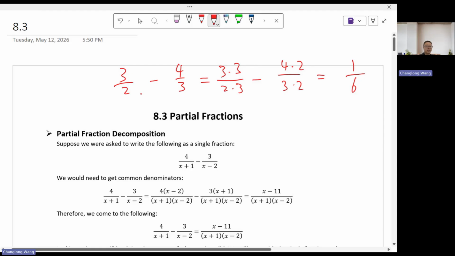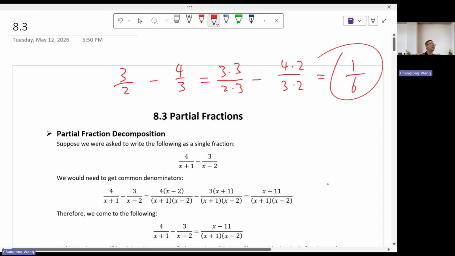Okay. Now, going from the two fractions subtracting each other to a simple result is called subtraction of fractions. But now, what if I provide you 1/6? I'm asking you to find me two fractions that subtract to give you 1/6.